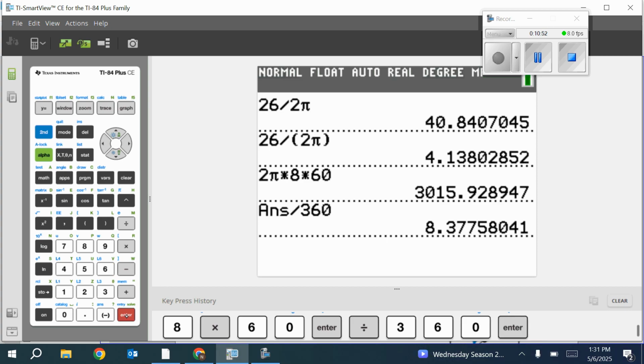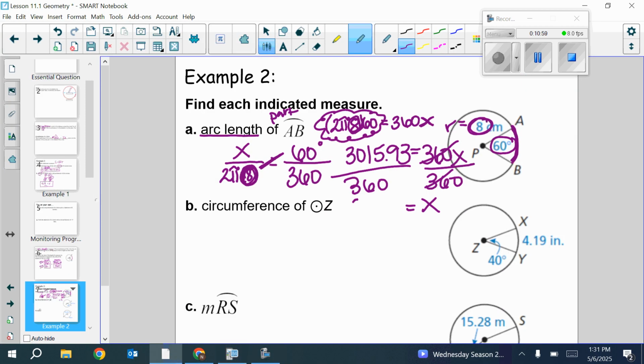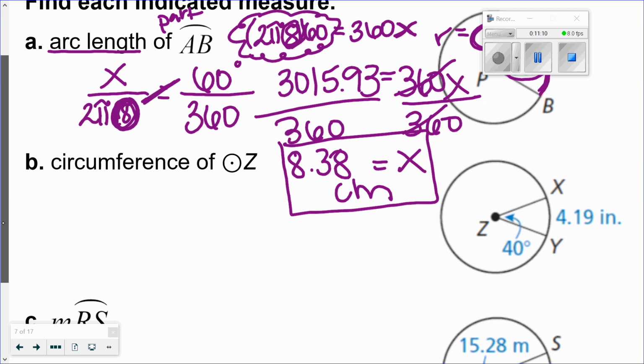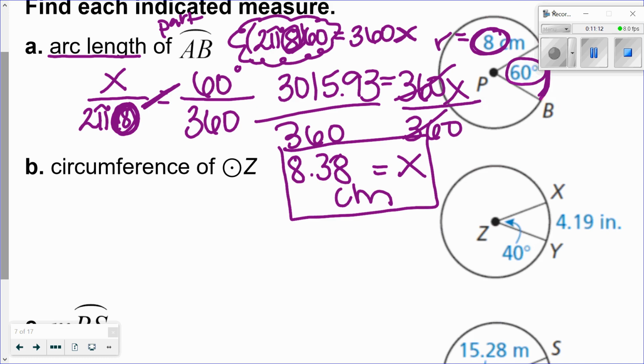And you should get 8.38. And this was measured in centimeters. So the crust of slice AB has a length of 8.38 centimeters.